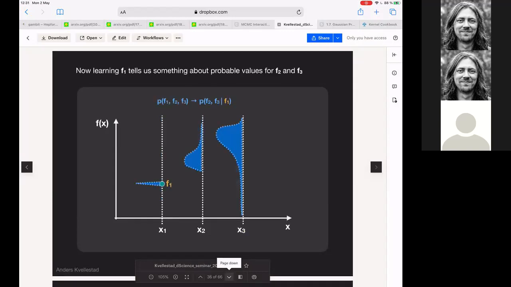Because then our probability distribution for those other points, we can express as the conditional: what's the probability of f2 and f3 given this new information about f1? And those are then conditional distributions that have changed. So this looks like an interesting setup, right? Because now we can learn stuff about functions at places where we don't have data.